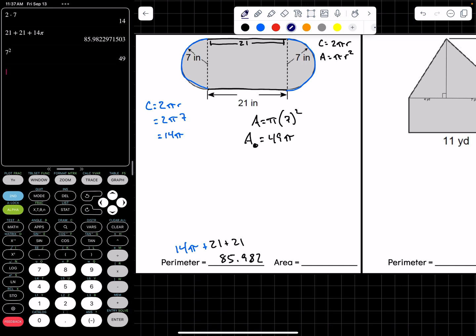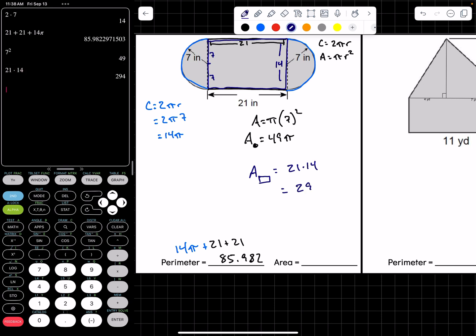Now for the area of my rectangle, if my radius is 7, then that means that this piece is also 7, which makes the height of my rectangle 14. So the area of my rectangle equals 21 times 14. That's simply going to be plugged into my calculator.